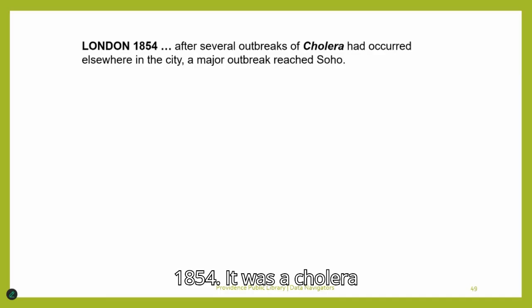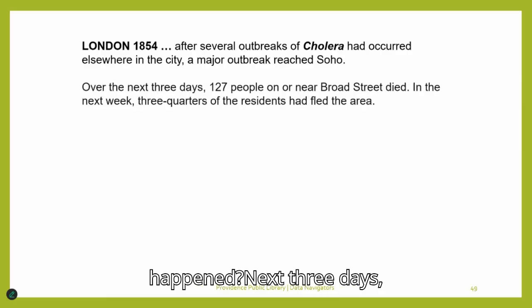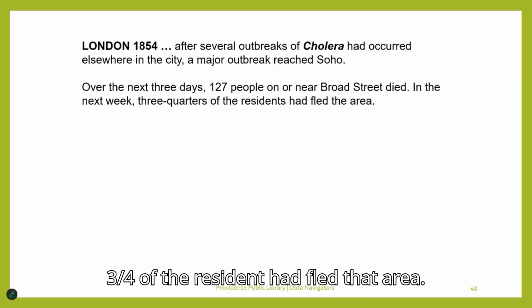London, 1854. There was a cholera outbreak in a major city area called Soho. So what happened? In the next 3 days, 127 people on or near Broad Street died. In the next week, 3/4 of the residents had fled that area.